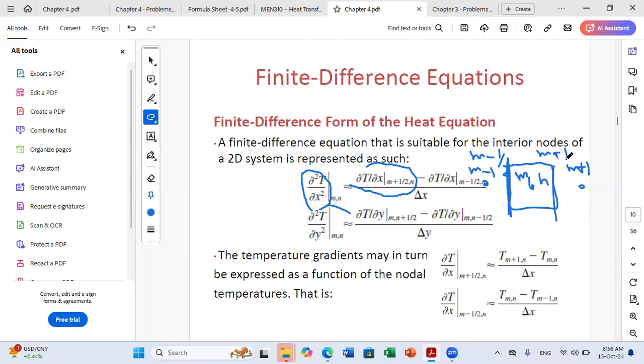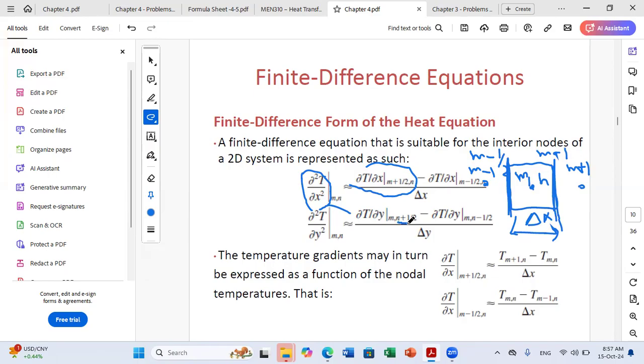Okay, so I can now define the second derivative as the first derivative at this face minus the first derivative at this face over the distance between the two faces, over delta x. And I can do the same in the y direction, but now in the y direction I vary the index n.